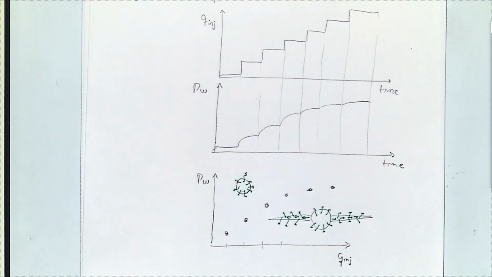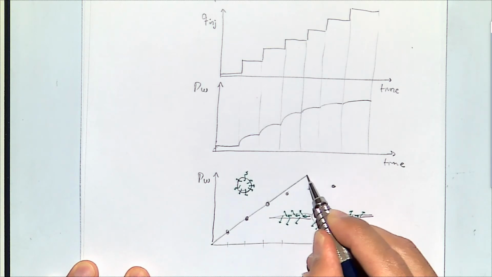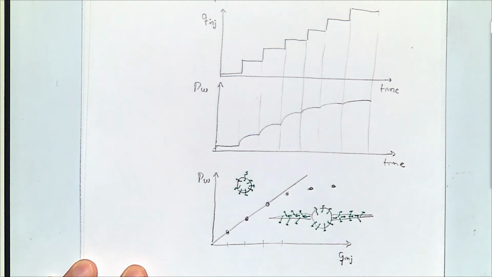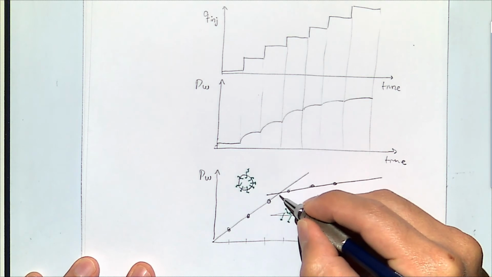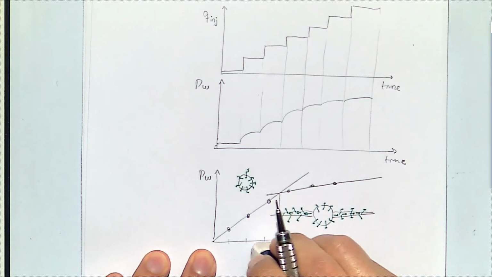And out of this plot, what we can do is trace a line that joins the points in which presumably there was no fracture, and the points for which presumably there was a fracture. An intersection of those two lines is going to yield what is the fracture injection rate.